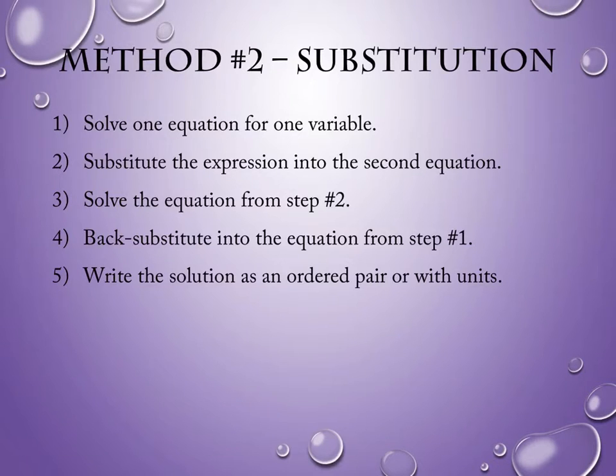Step 4 is to back substitute to find the other variable. And step 5 then is to write the solution as an ordered pair or with context or units. So in this section we're looking at ordered pairs, but in the next section we're looking at context or units. You have to answer the question as it was presented.